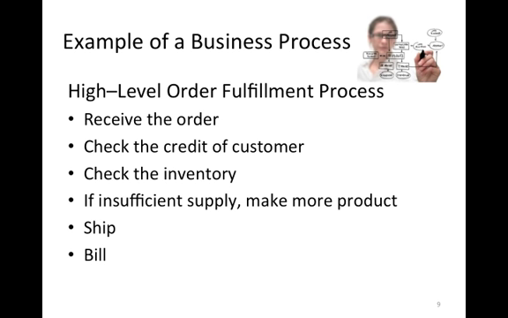If there's an insufficient supply, either make more product or order more product, then ship and bill. That's how many business processes, order fulfillment processes, work.